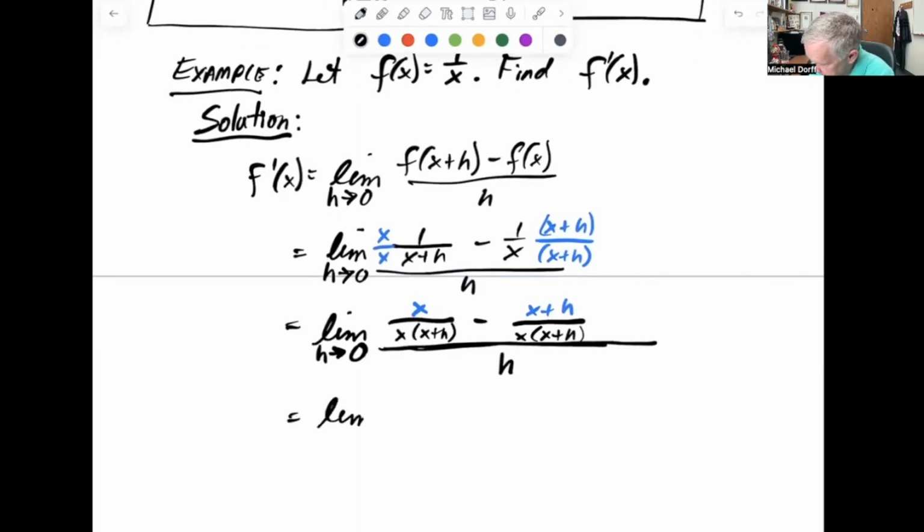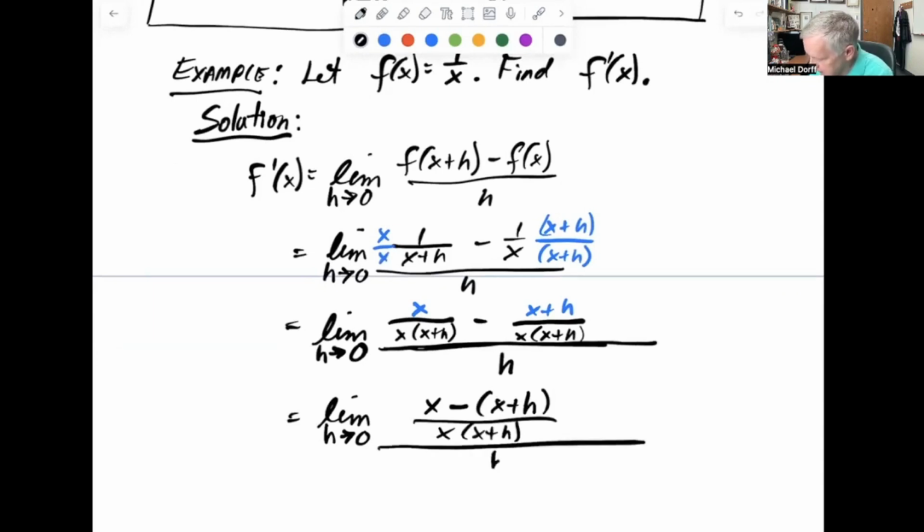And so now I've got two fractions in the numerator. So I'm going to combine them and rewrite that as one fraction in the numerator. And I get x minus parentheses x plus h all over x times x plus h, and that's all over h. Notice that I used parentheses when I combined those. I put parentheses here because this negative I have here gets distributed to everything.